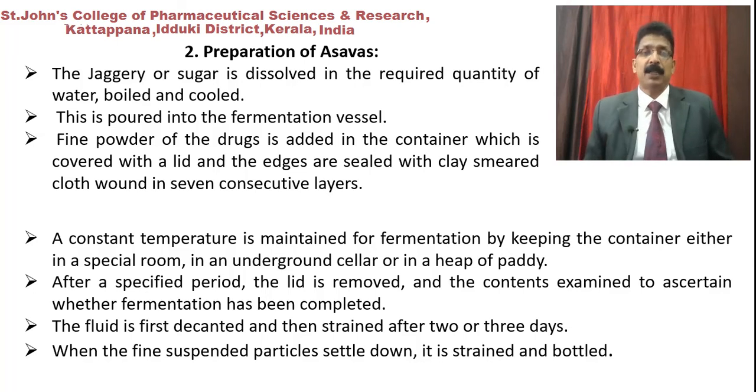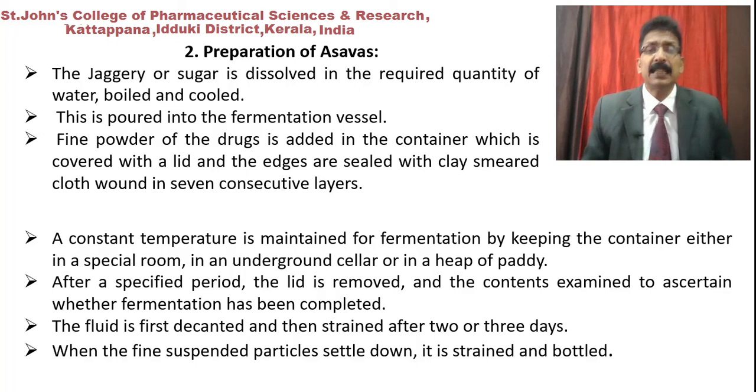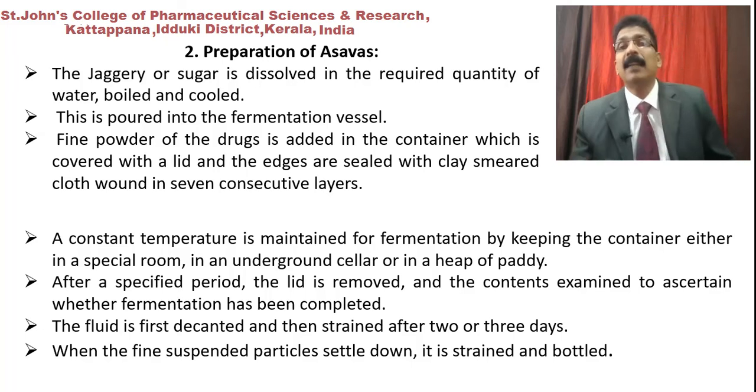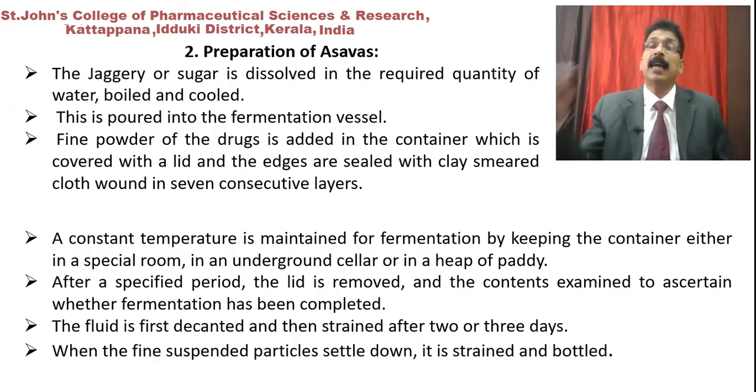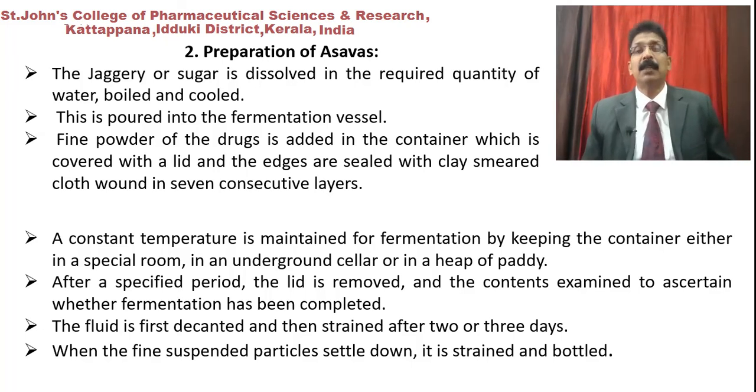The fluid is first decanted and then strained. After 2 or 3 days, when the fine suspended particles settle down, it is strained and then bottled and sealed, and then you can label it and finish the product, ready for sale.